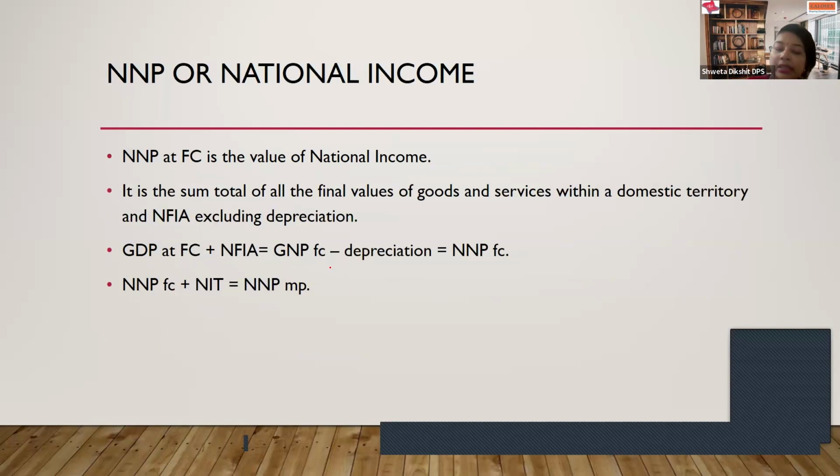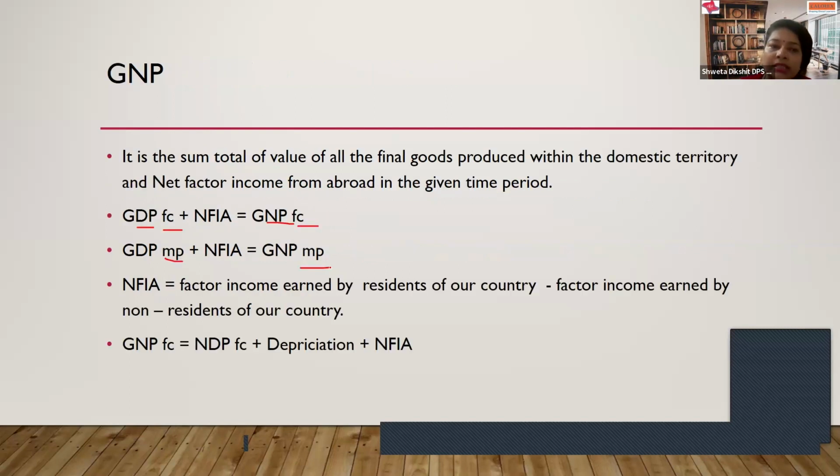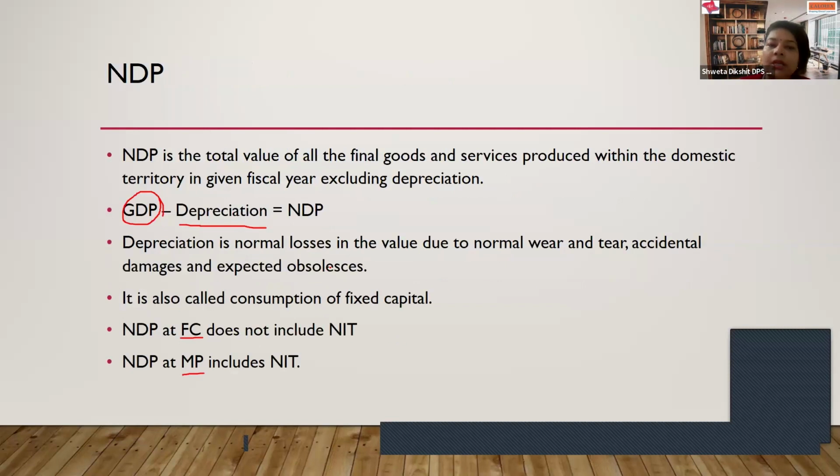Now comes the final thing. Why basically I opened this: there is a bonus point for you. Generally in numericals, you are asked to calculate domestic income. Children, whenever you are asked to calculate domestic income, remember that NDP is the domestic income. Don't think about GDP.